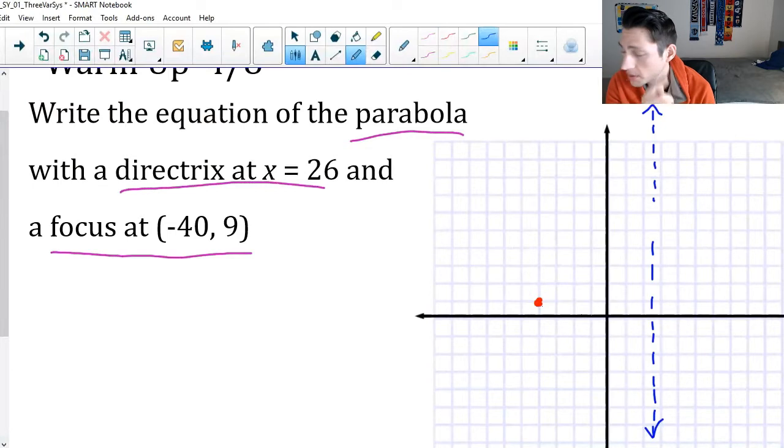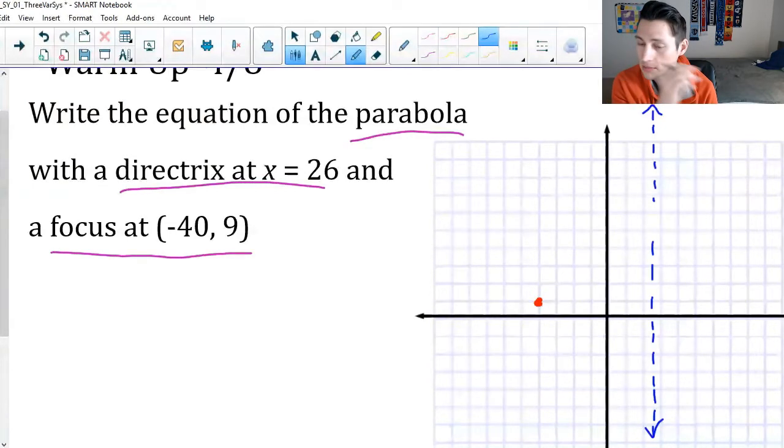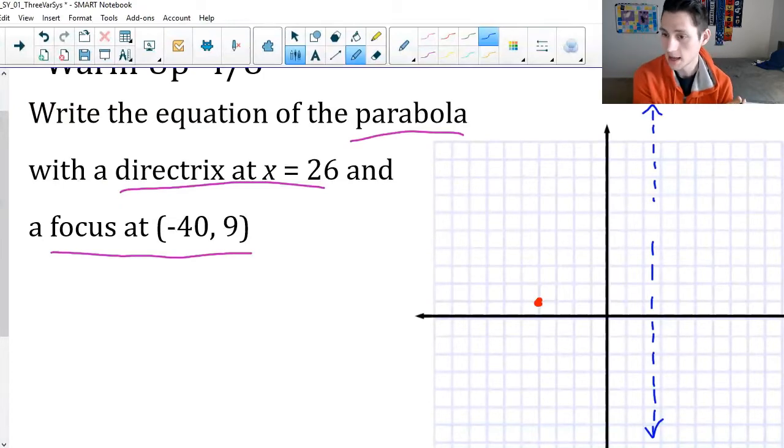First of all, the parabola will always open in the same direction as wherever the focus is. Since our directrix is on the right and our focus is on the left, my parabola is going to open to the left. This should be a parabola that opens sideways to the left.